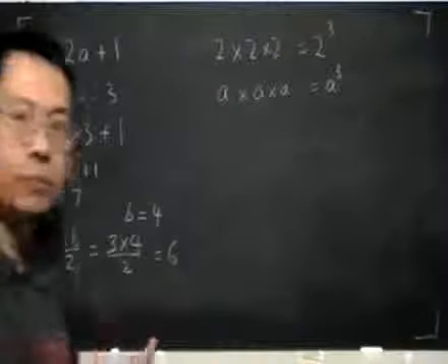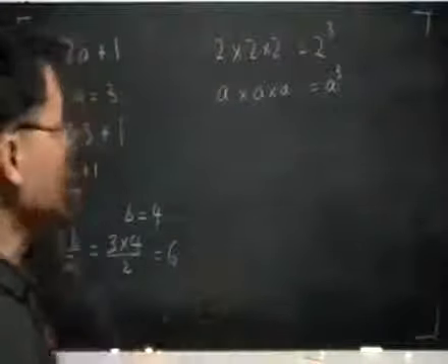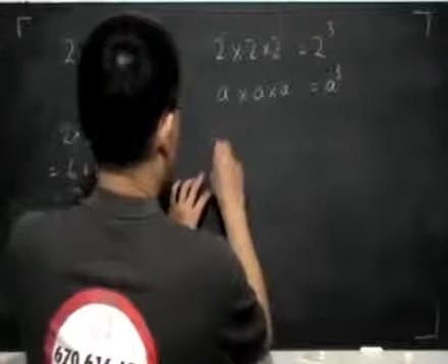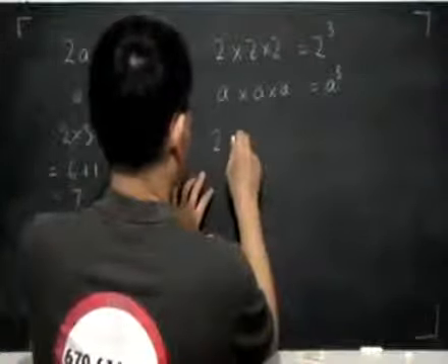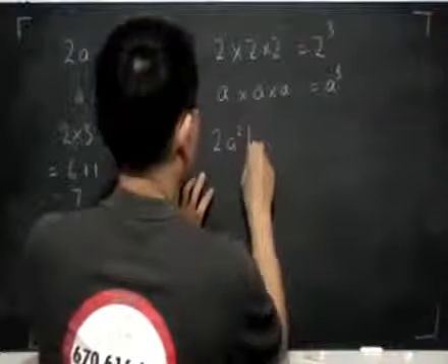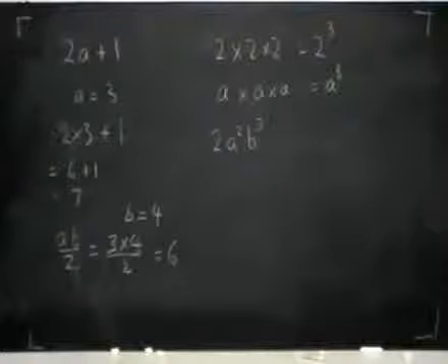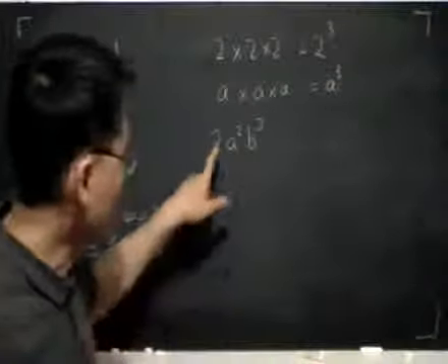Just as an exercise, let's do it the other way around. Suppose I have an expression that says 2a squared b cubed. What does that really mean?